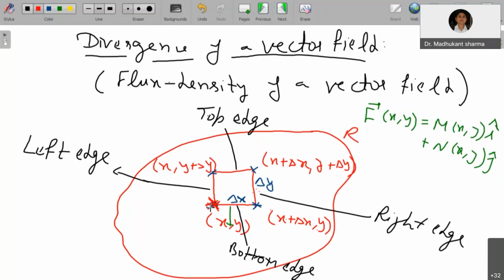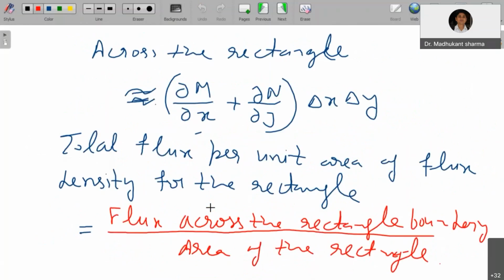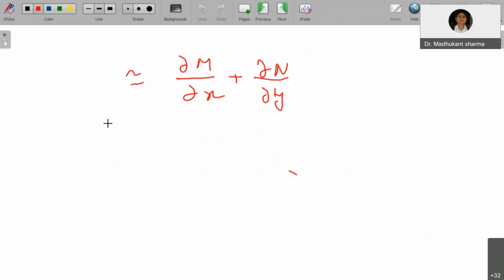So the definition is now very clear. Let me write down the definition.